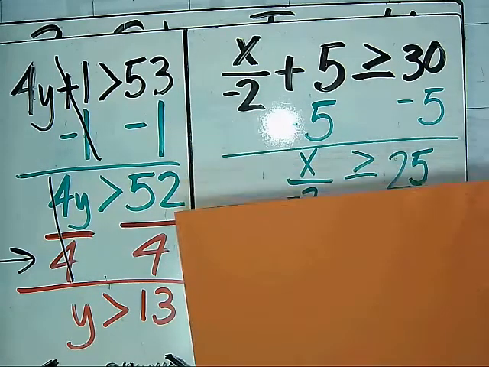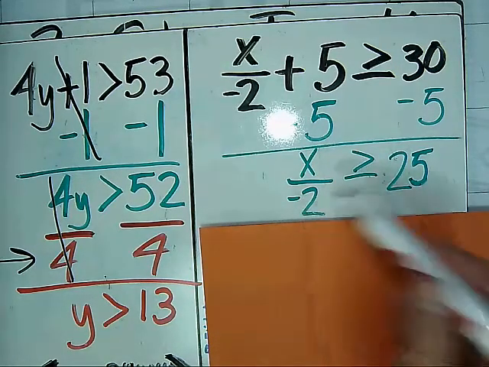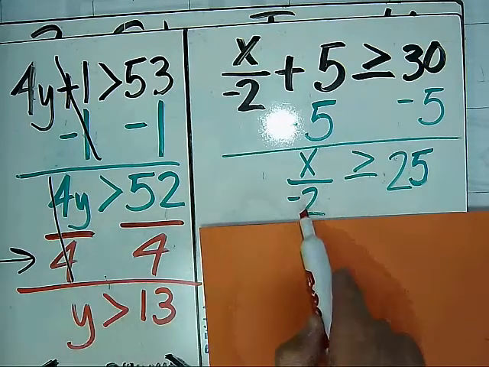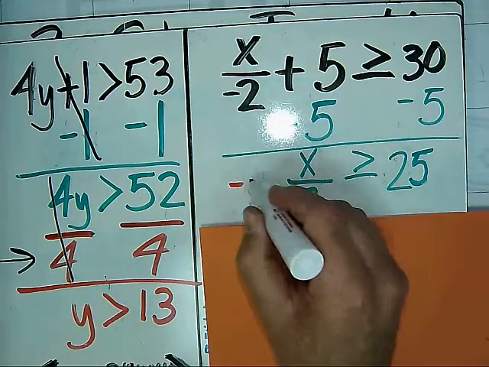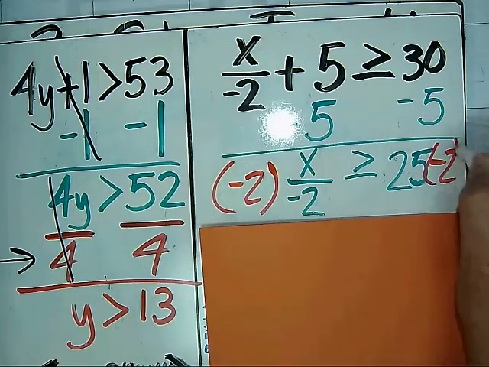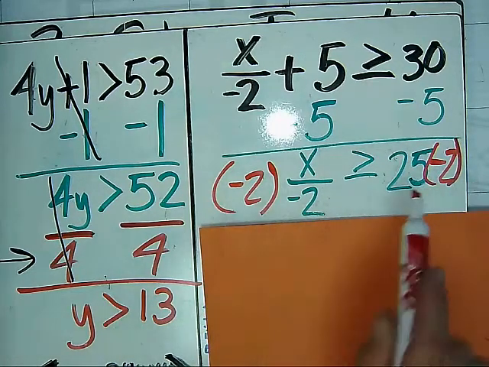That's your first step, and that's going to leave you with x over negative 2 greater than or equal to 25. Now, I waited on this step because the opposite over here, the opposite of multiply was divide. Here, the opposite of divide is multiply. So you're multiplying by negative 2. It's not because that you're dividing, but it's because the number you're dividing by is negative.